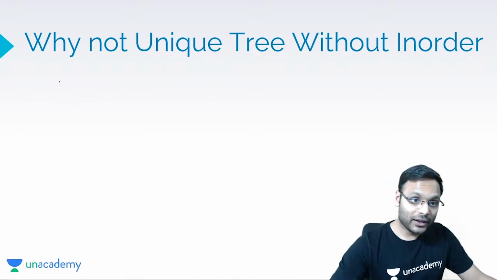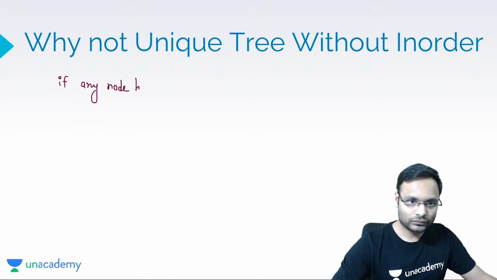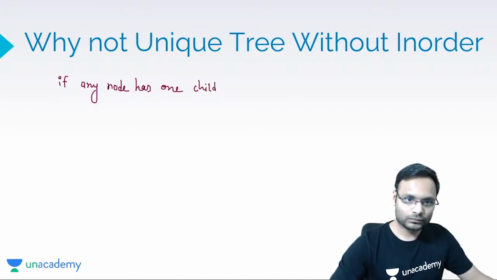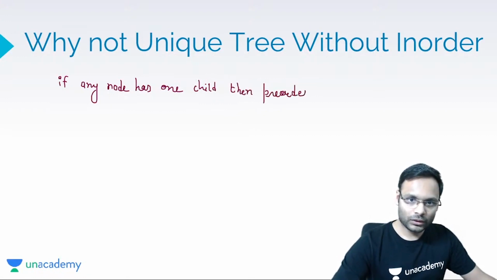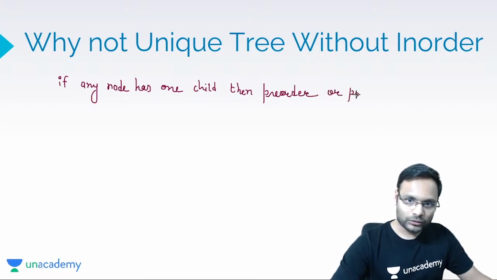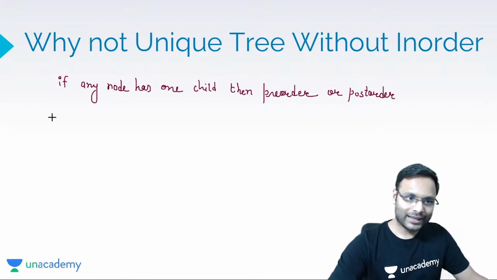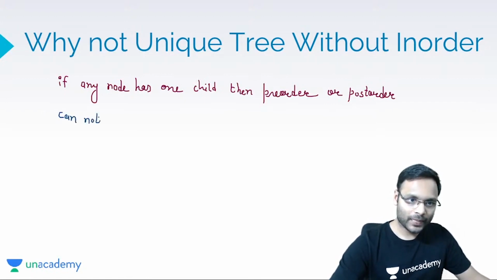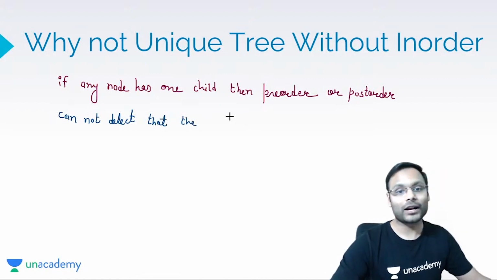Just because if any node has one child, then pre-order or post-order both cannot detect whether the child is a left child or right child.